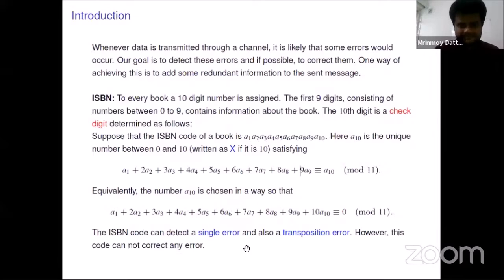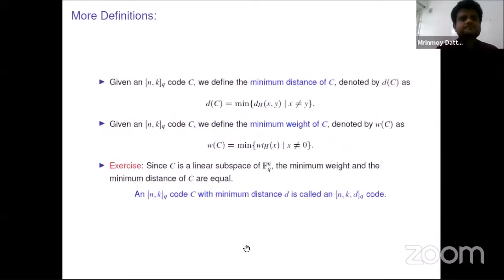There are some more important definitions, but not so many that I'm going to talk about today.